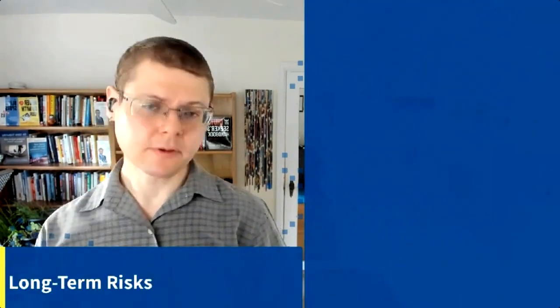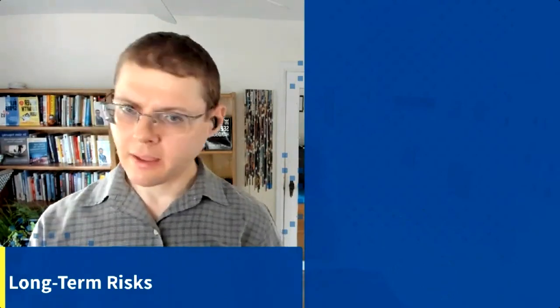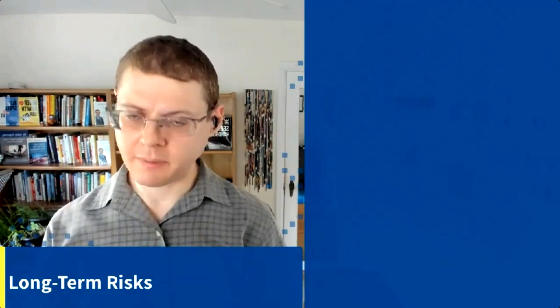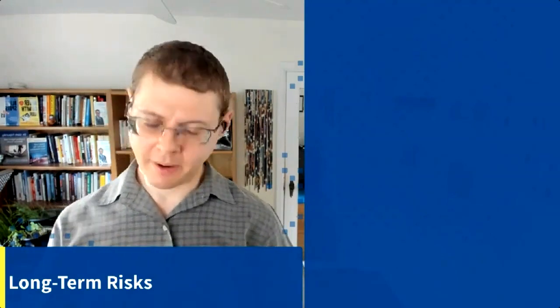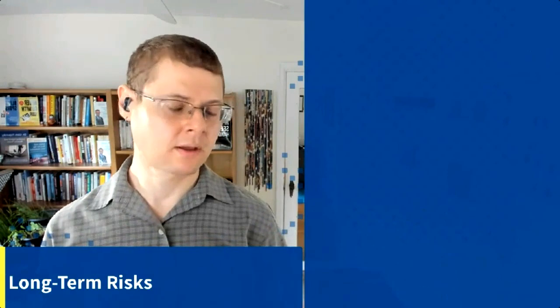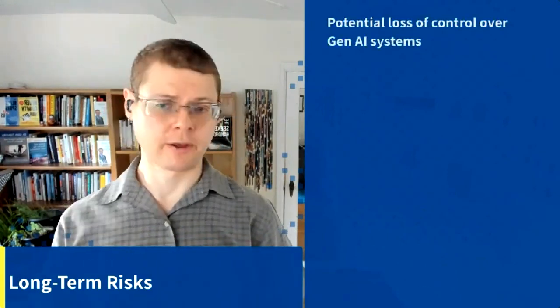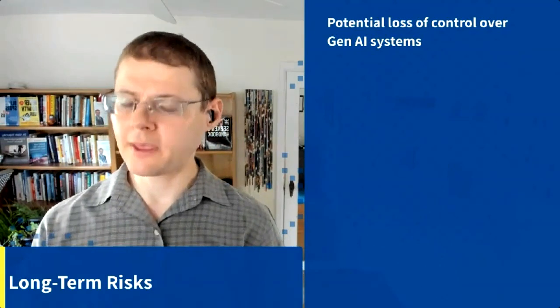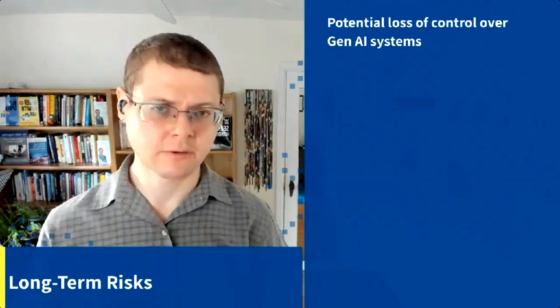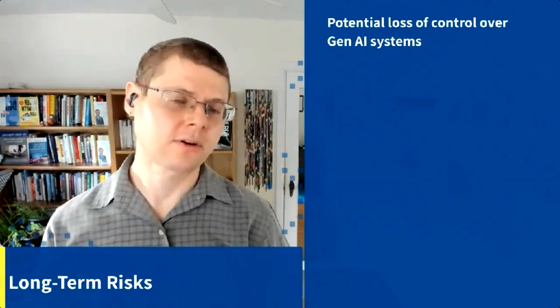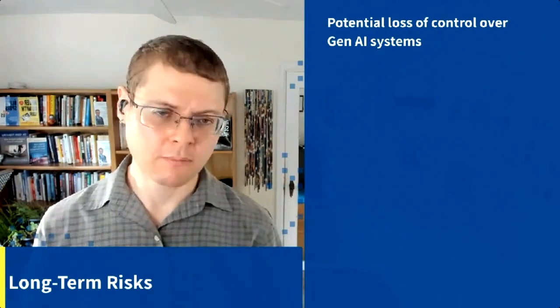Now, something to think about in the long term is long-term risks. Not something that you'll immediately be able to do something about, but something that you as a socially responsible corporate citizen should be aware of. So we do face potential loss of control over generative AI systems. Imagine generative AI getting out in the form of a virus.